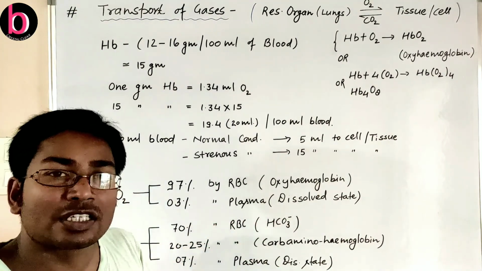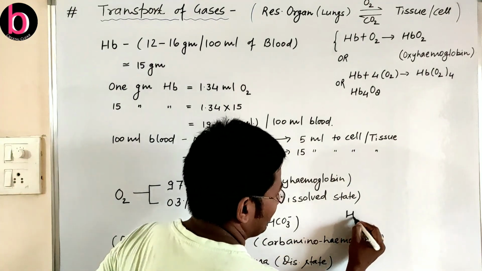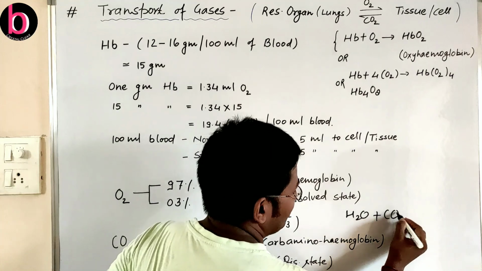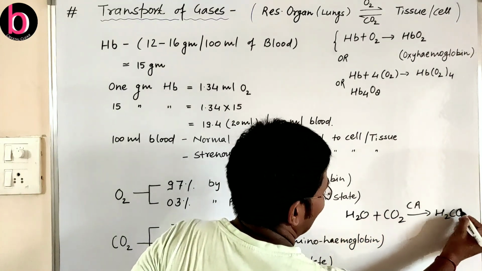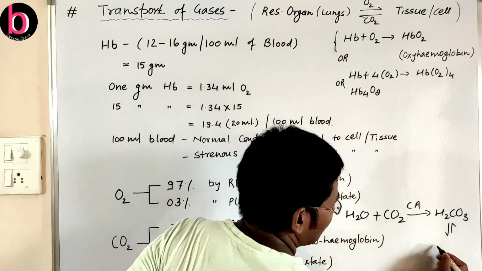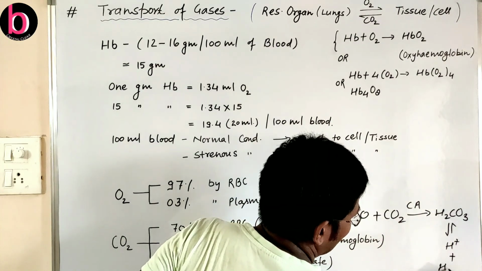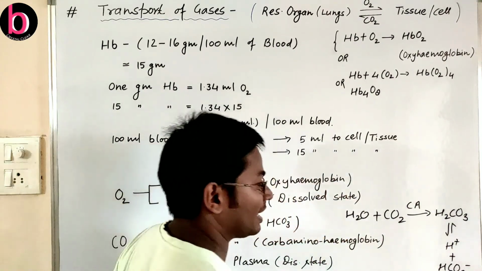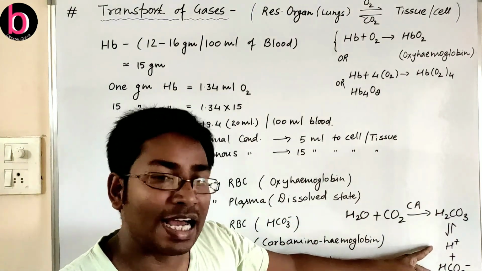So there will be formation of carbonic acid, H2CO3. This is here H2O plus CO2. In presence of the enzyme, there is formation of H2CO3. The reaction is highly reversible. So this will dissociate into H ion plus HCO3 minus ion. So this is carbonic acid, this is bicarbonate ion.